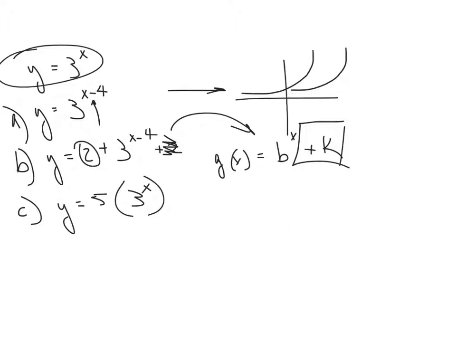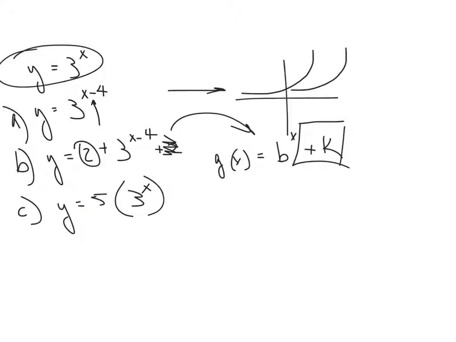So the only thing different between our first one right here and this one is we multiplied by 5. And if you look at multiplying by a 5, what are we going to do? We are going to stretch the graph by a factor equal to this much.